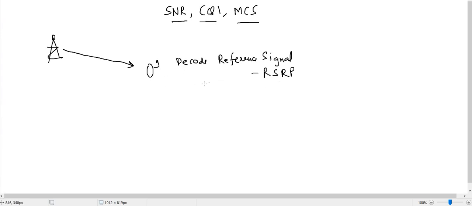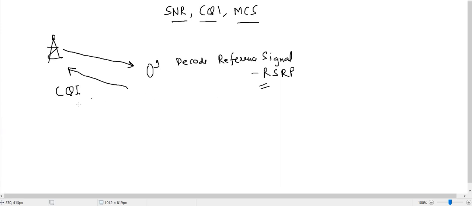So after decoding a reference signal, UE will send some details to eNode B. These are signaling details or control plane, you can say. So the first one will be your CQI. CQI tells about the radio quality, means what kind of RSRP or the strength of signal UE is receiving.